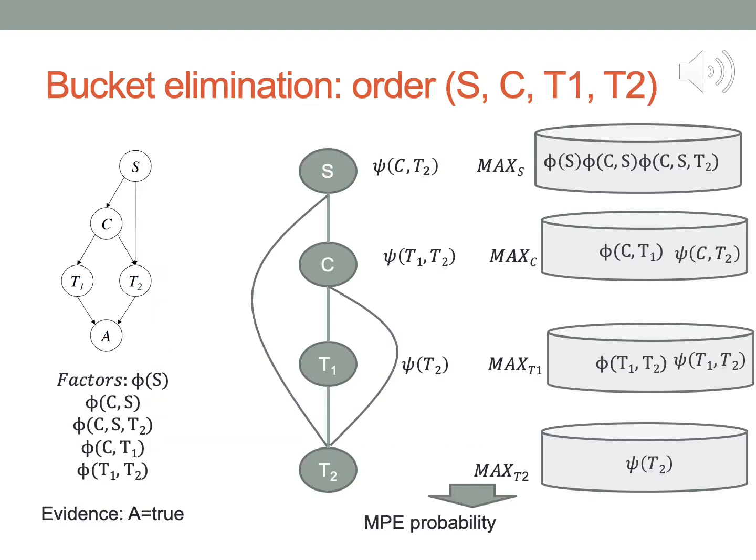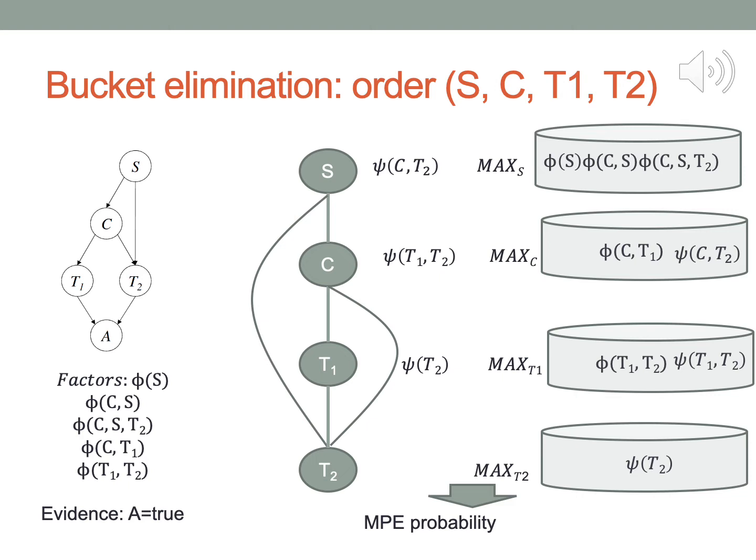Now let us see how the bucket elimination algorithm will operate to compute the MPE value or the MPE probability. As before, we'll use our running example, the UTD-CS cheating network. The task here is to compute the MPE probability given evidence A equals true, or A equals yes.